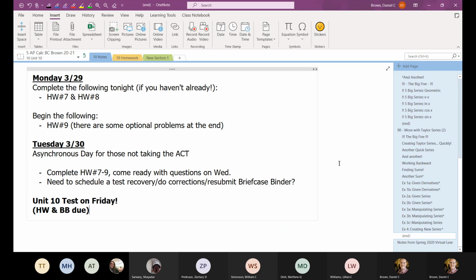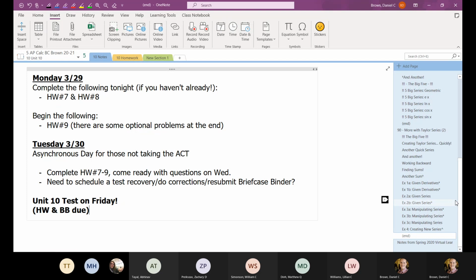manipulating them. So my plan for the rest of the week, I'm hoping you come to class with questions on Wednesday and Thursday, but those are also going to mainly be review days. So not tons of time left in class, but I am going to let y'all get started on that homework. Some of that homework 9 I think is pretty straightforward, but it does follow almost directly like the notes did.